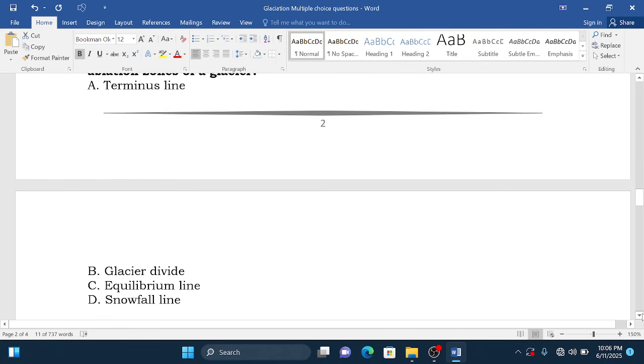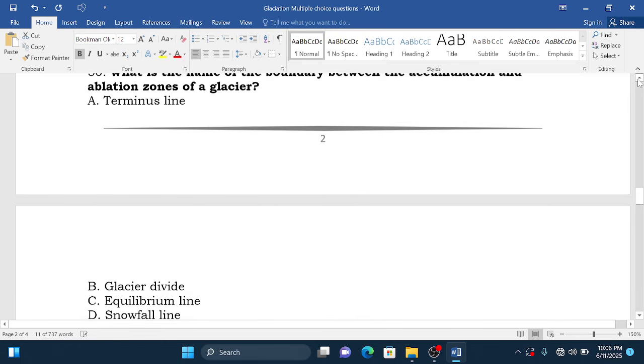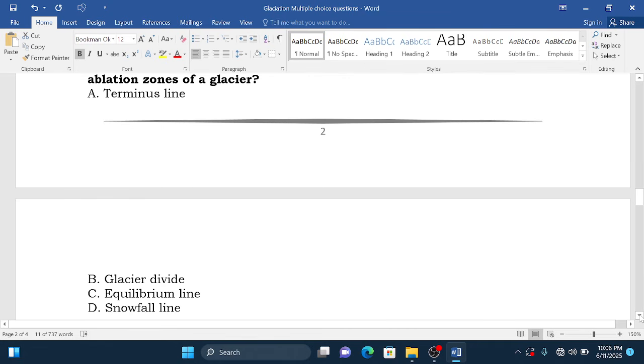B, glacier divide. C, equilibrium line. D, snowfall line. So the correct answer is C, where a zone or boundary that separates glacial accumulation and ablation is called the equilibrium line.